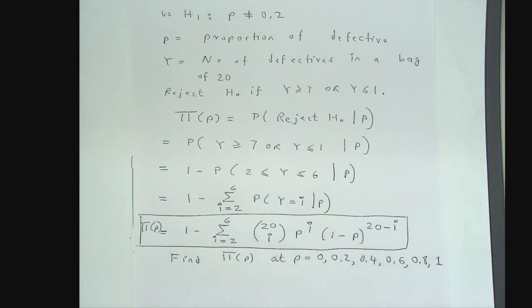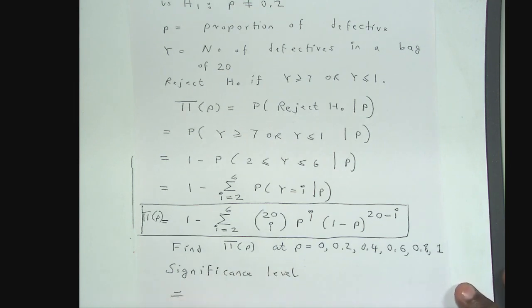Yeah. And you are also asked to find the significance. Now, if you guys remember what I mentioned in the lectures, do you remember what a significance level is? I mentioned this, guys, in the lectures.